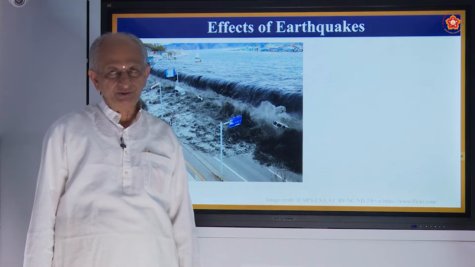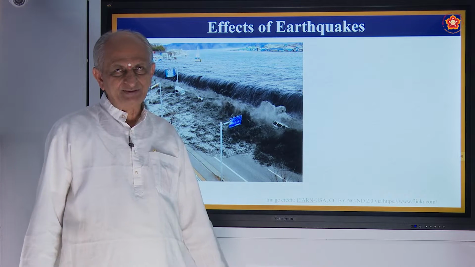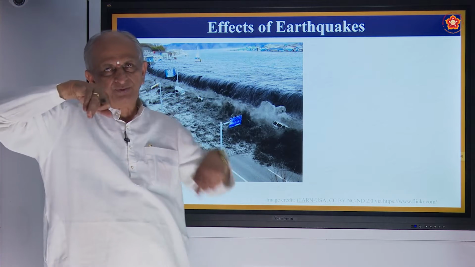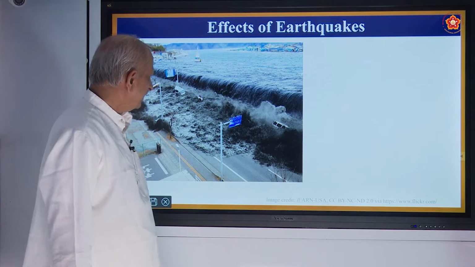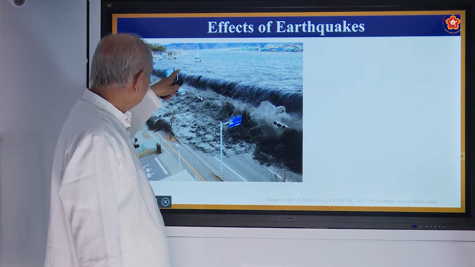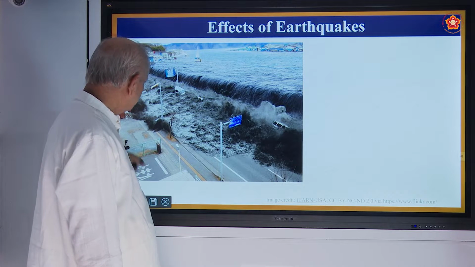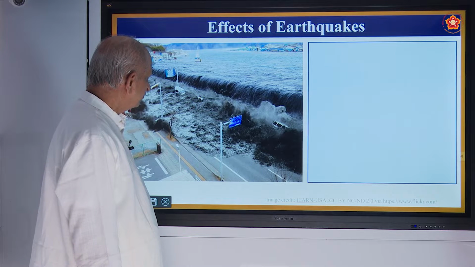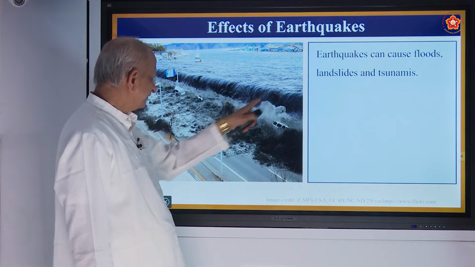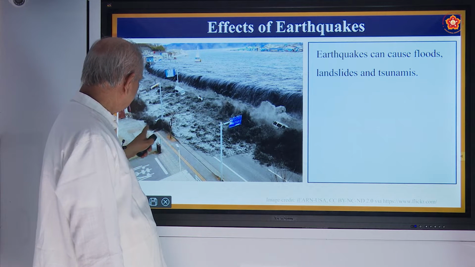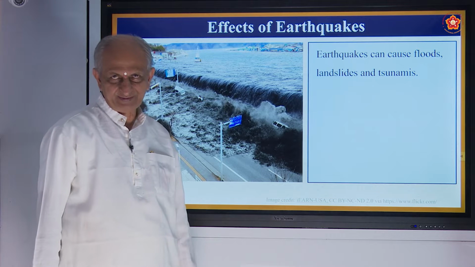Tsunami is a Japanese word, and it means huge waves up to 30 to 35 meters high, and it may cause a rise in the water level, and that water will gush into the towns or cities. So it can cause floods. Suddenly there is a rise in water level, and it can cause floods.